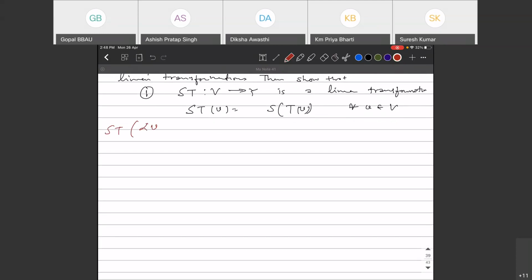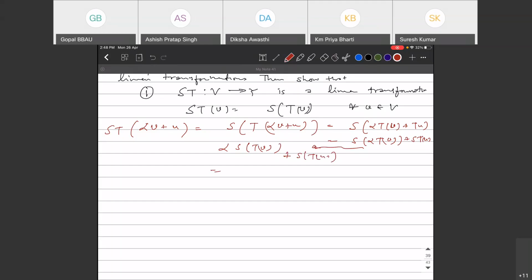You take ST of alpha V plus U. This will be S of T of alpha V plus U. This will be S of alpha T V plus T U. So this is alpha S T V plus S T U, and we are done.